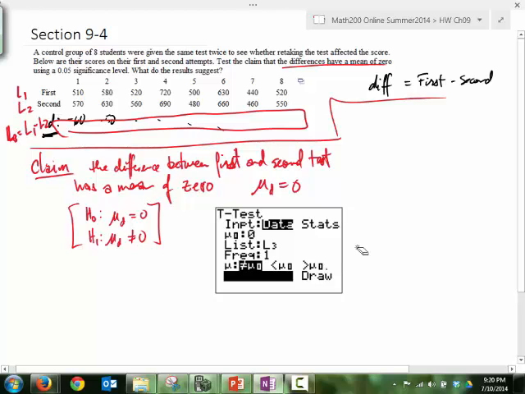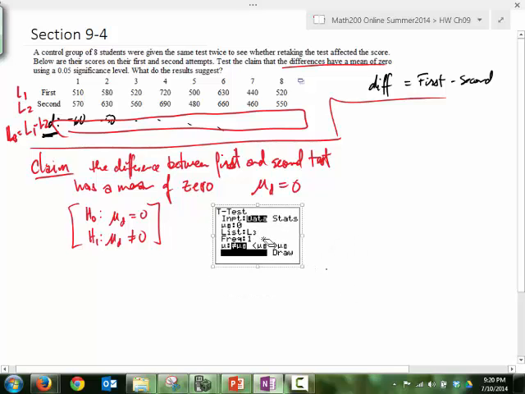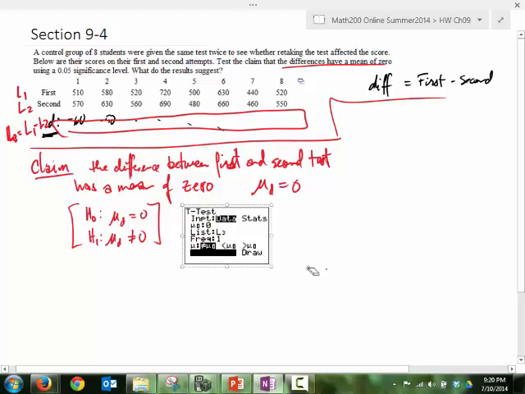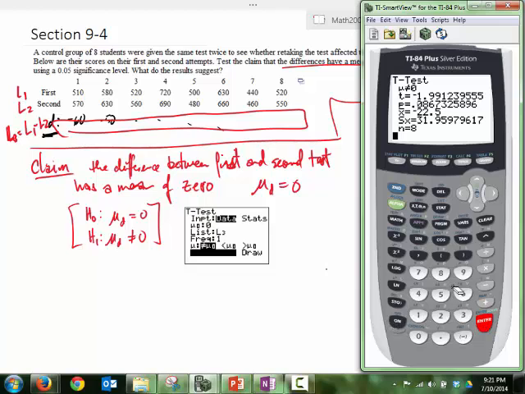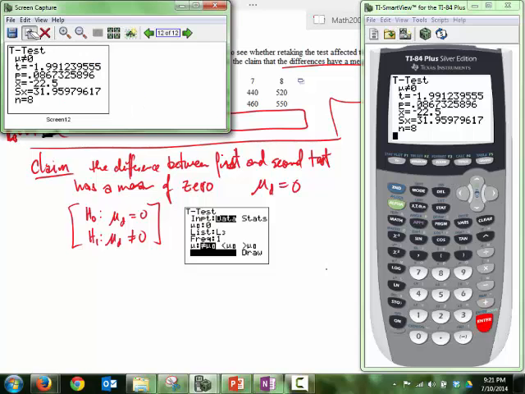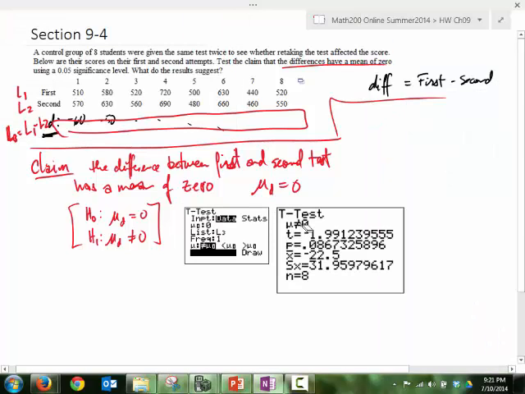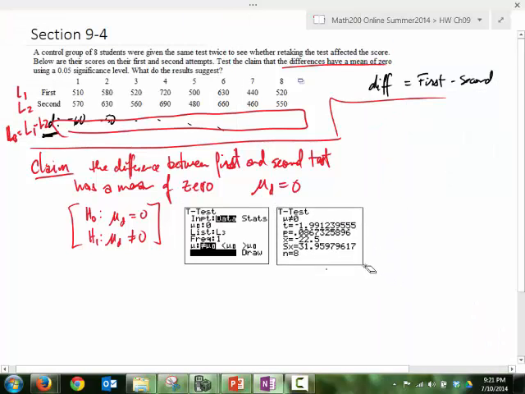So this is all our input, our information put in, and we're actually going to use a t-test and just have it calculate. So this is where it's going to be important for you to use your appropriate notation.